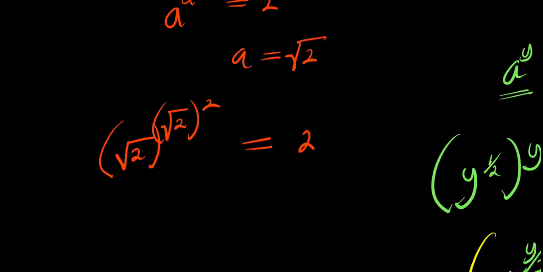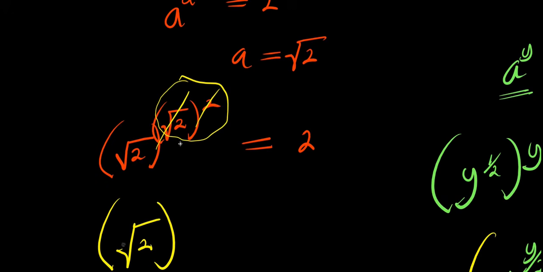Now, starting with this exponent here, square root of 2 power 2 means square root of 2 times square root of 2, that is square root of 4. Or the square root cancels this square here, right? So we simply have square root of 2, and this is raised to the power of 2, and this equals 2, right?